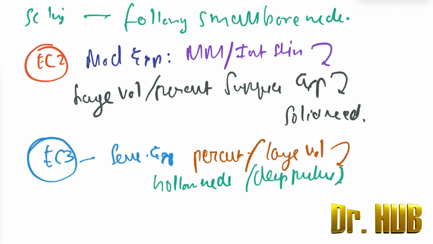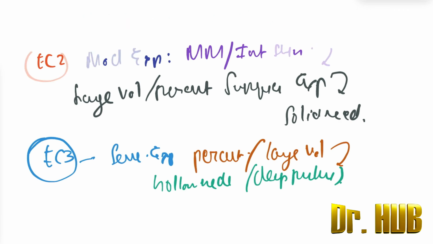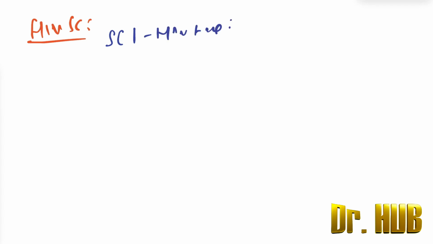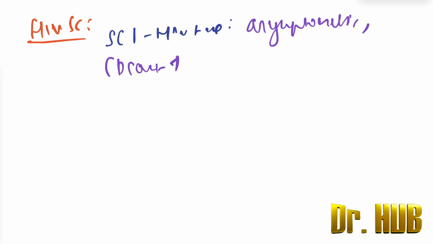Next we'll move on to the HIV source code. What is the HIV source code? SC1 is HIV positive, asymptomatic, and the CD4 count is high with a low viral load.